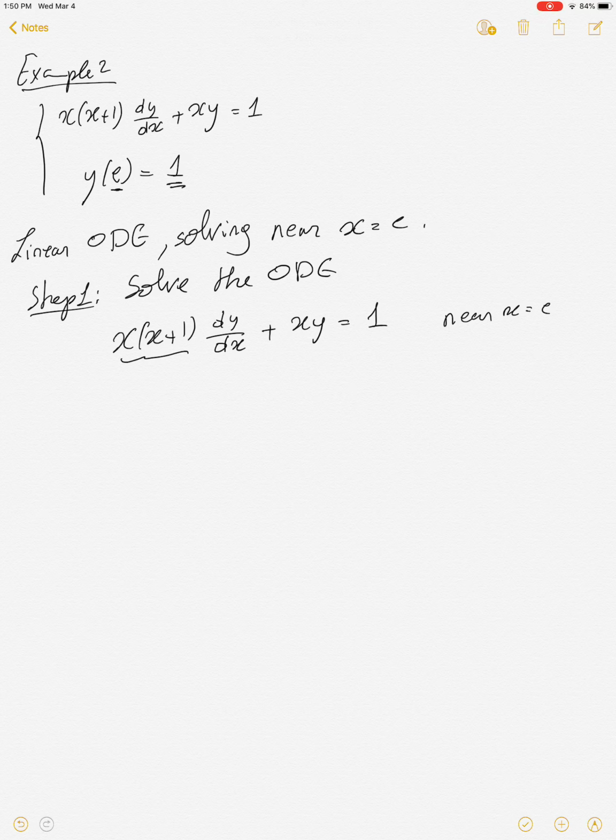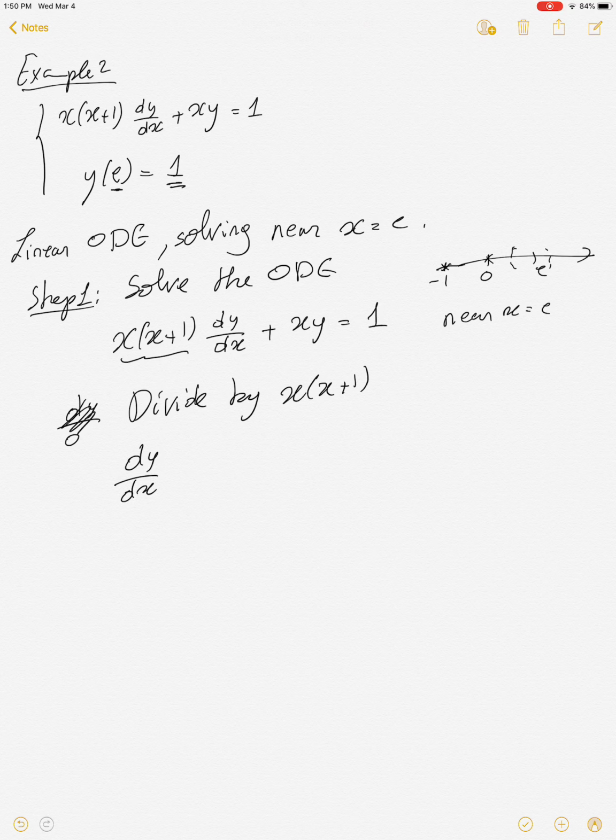In fact, this is 0 only for x = 0 and x = -1. So this is e, this is 0, and this is -1, which are the bad points here. And now I'm solving near x equal to e. So I divide by x(x+1), and I get dy/dx + (1/(x+1)) y = 1/(x(x+1)).